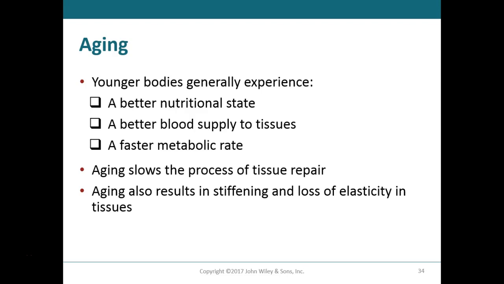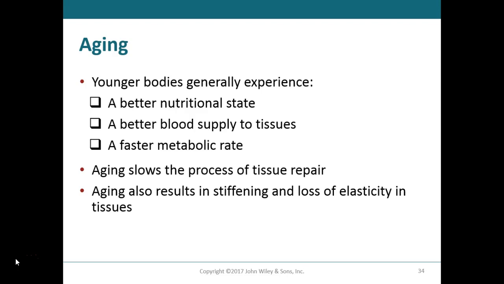But as we age, all of these processes tend to slow down. So this can cause tissues to not receive the nutrients and the oxygen they need, and thus result in those tissues being replaced with more tough and fibrous tissues, loss of elasticity in blood vessels, stiffening of the joints as the connective tissues tend to harden.